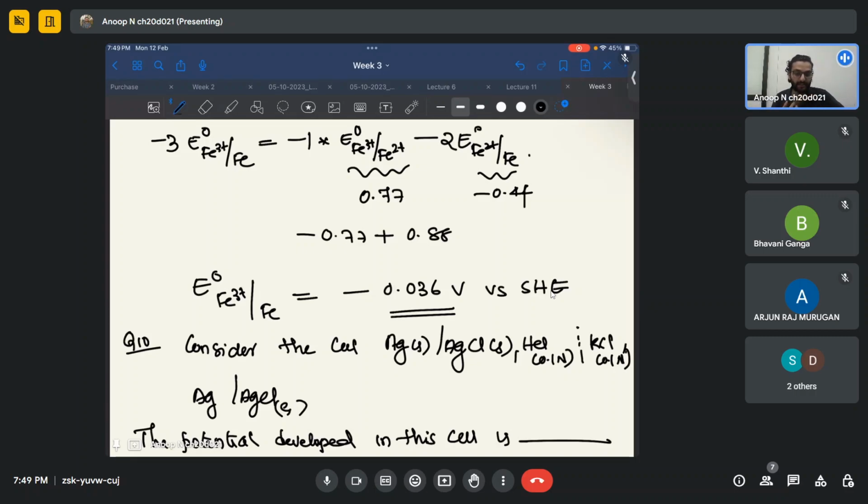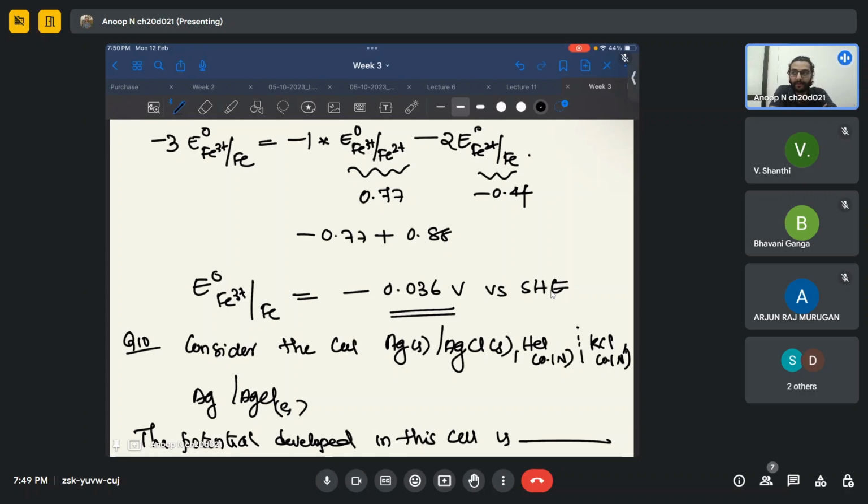What is the potential developed in this case? What will we call that thing? Everyone, it's a single word answer. Will there be any galvanic potential between these two? You see, anode is same, cathode is same, both in chloride ion.